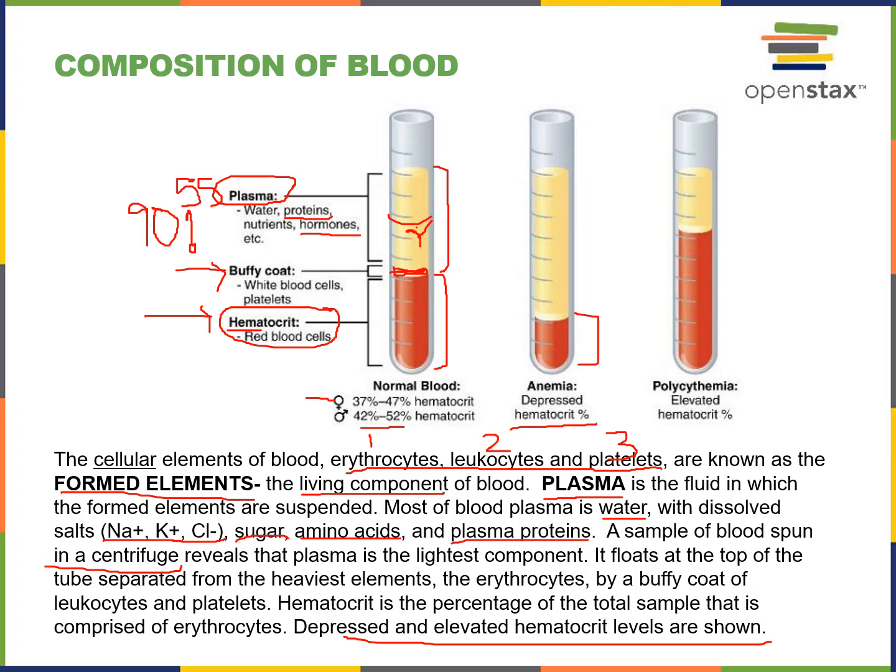And this difference is due to the difference usually in body size and composition. 42% to 52% hematocrit. The opposite problem could be you have something called poly. Poly again means many. Polycythemia, too many red blood cells. And this could indicate a hormonal problem or other types of problems.